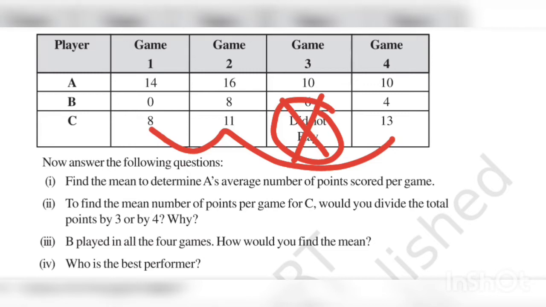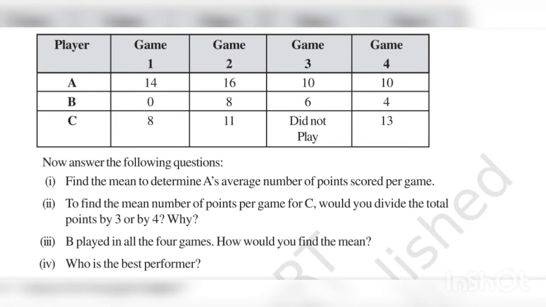The number of observations which we are getting here is 3, because we are not getting the data of game 3, since she has not played that. So we will divide the sum of all the observations by 3. Okay, let's come to the next question.